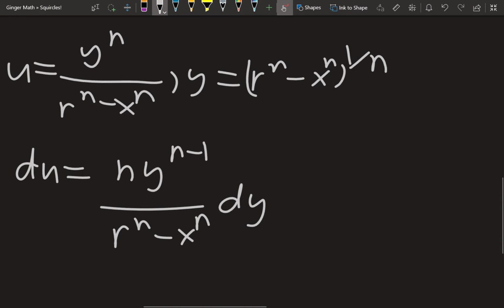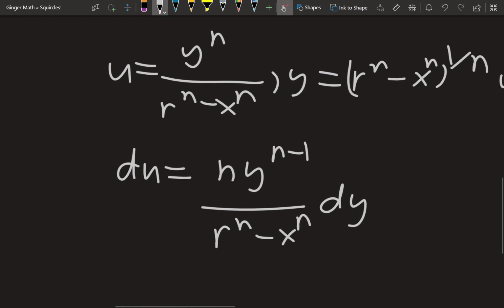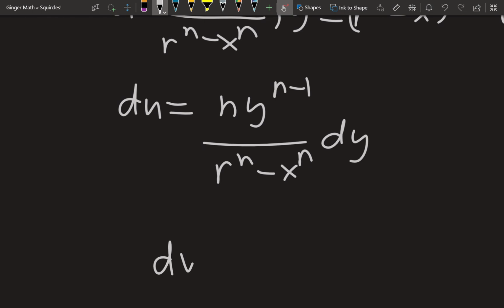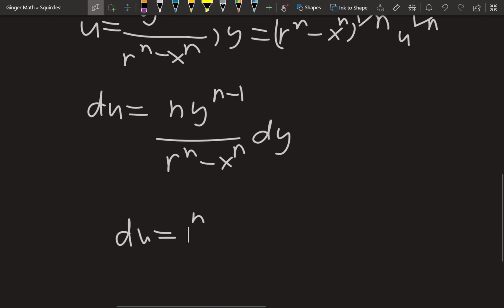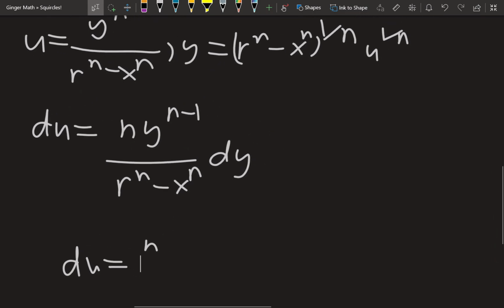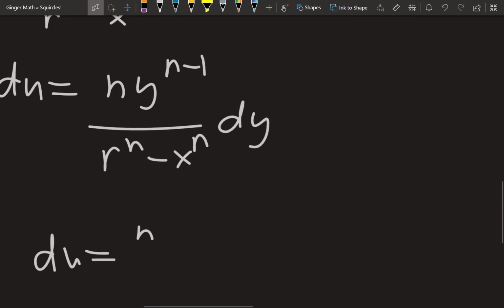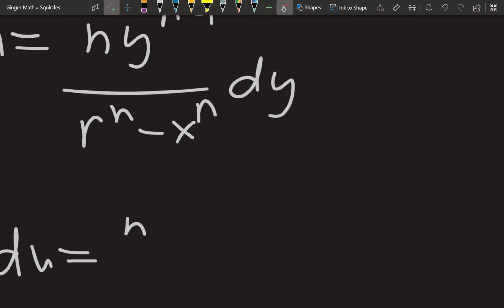Okay, what we're going to do now is just sub this in. So du is equal to n times, so y is just that, so we're going to have u^((n-1)/n) times 1 over (r^n - x^n)^((n-1)/n).